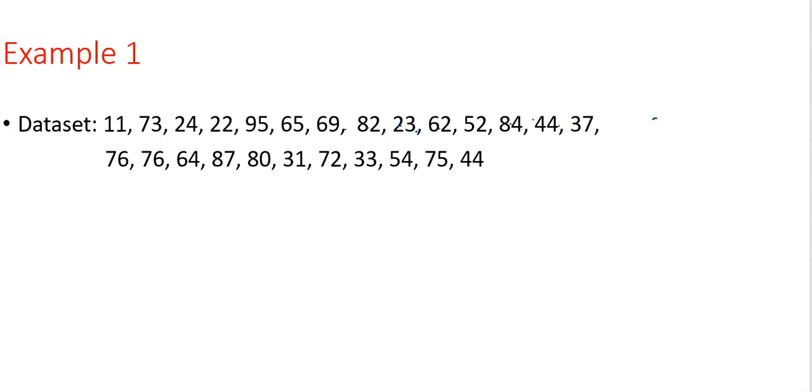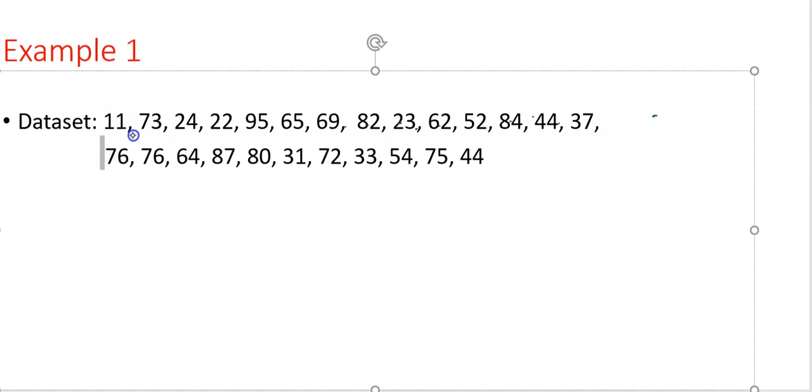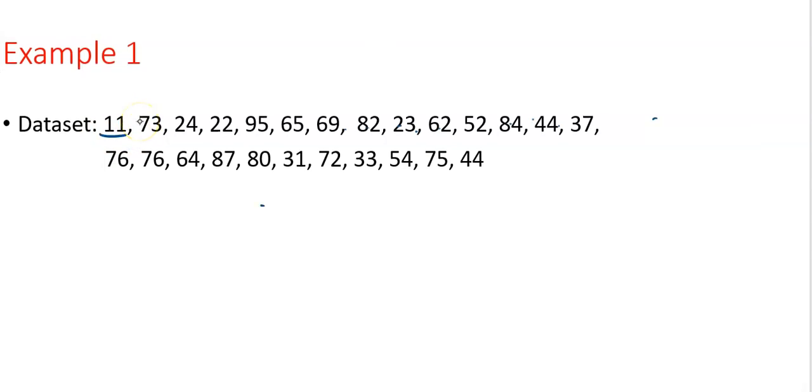So what I have here is data that ranges from 11. 11 is the smallest number and the largest number is 95. So we have to arrange starting with the smallest number. So what I have is 11, the smallest number, then 22, 23, 24.